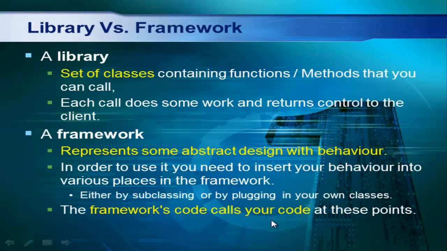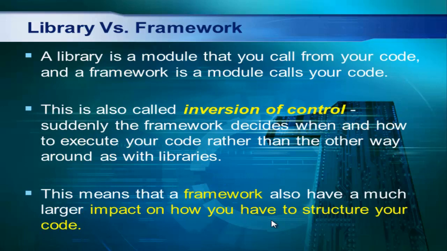At appropriate places, it will call your method. It will do its own work, and in between it will come and call your method. That is the essential difference. In the library, you call the module from your code, whereas the framework module will call your code. And this is called inversion of control.